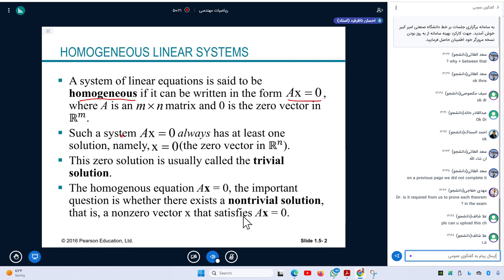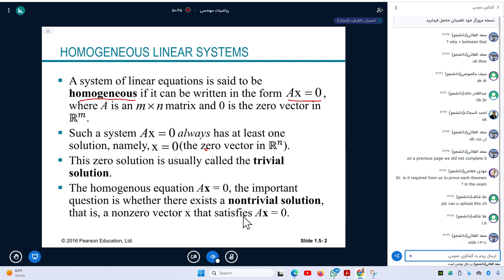Such a system, Ax equals 0, always has at least one solution, brothers, because x could be 0. Then A times x must be 0. So x equals 0 is always one solution, the zero vector.